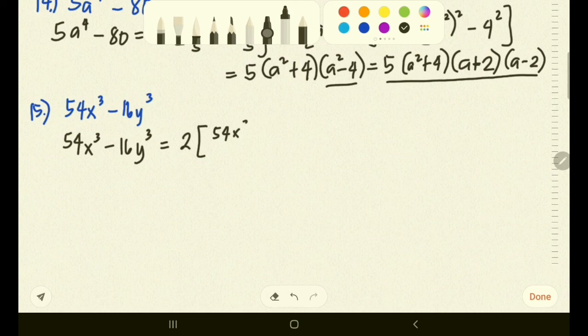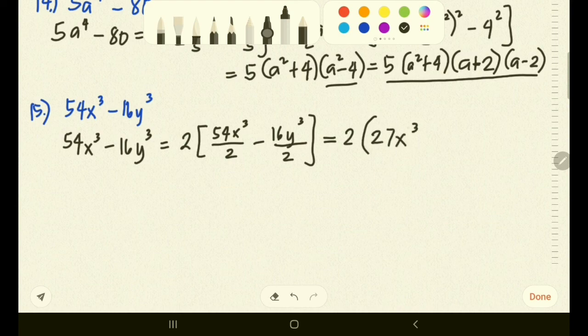So 54x cubed divided by 2 minus 16y cubed divided by 2. So this would be 2 times 54 divided by 2, that's 27x cubed minus 16y cubed divided by 2 is 8y cubed. So very obvious that 27x cubed minus 8y cubed is difference of two cubes.